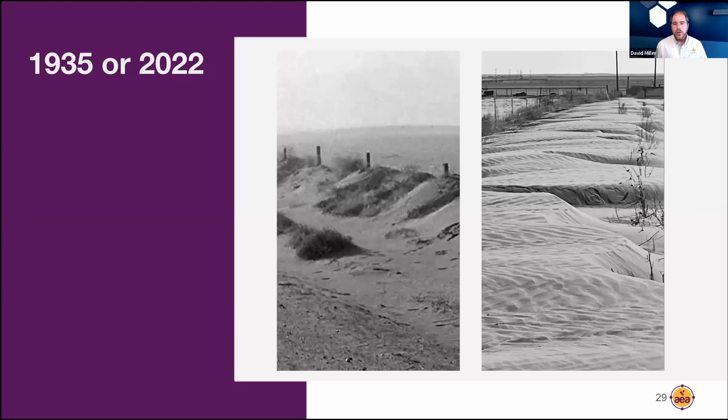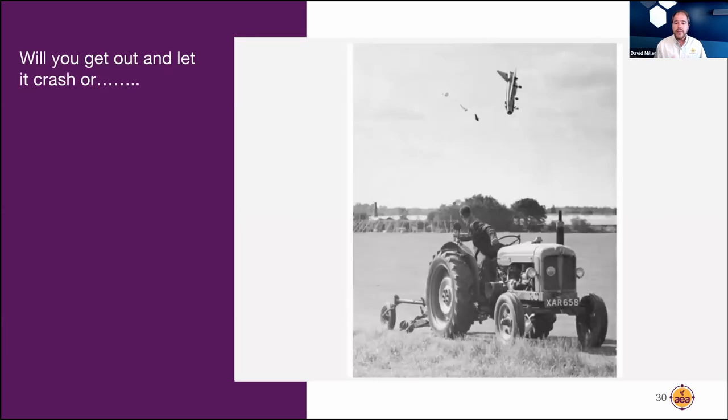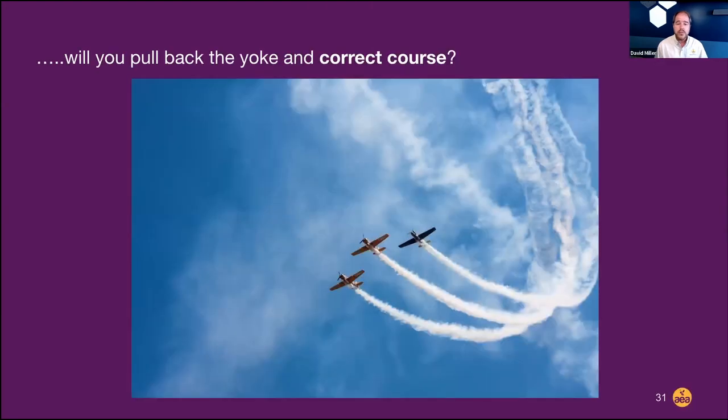So my encouragement today is, wherever you are on your journey of agriculture, wherever that might be, whether you have started to correct course or whether you have not, will you just jump out and let it crash? Or are you going to pull back the yoke, correct course, and do something about it?